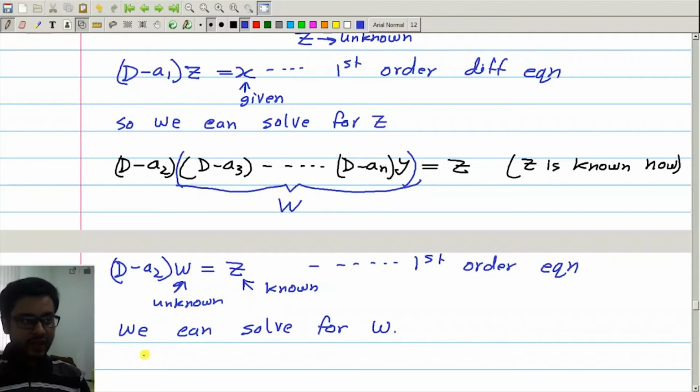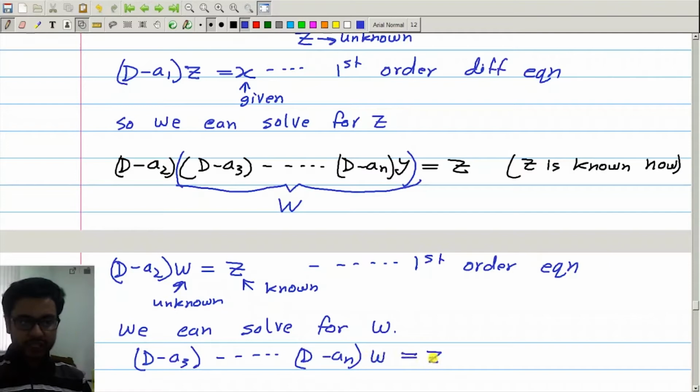We will write D minus a3 up to D minus an acting on W is equal to z.